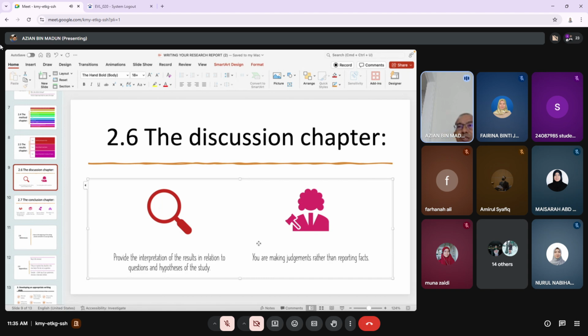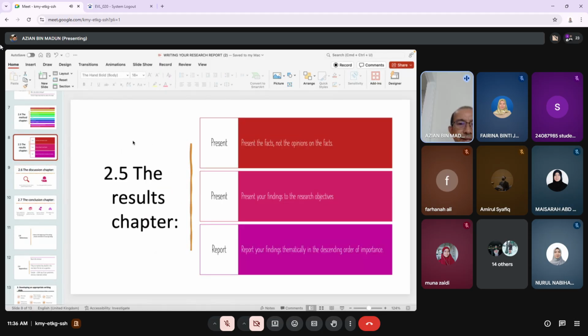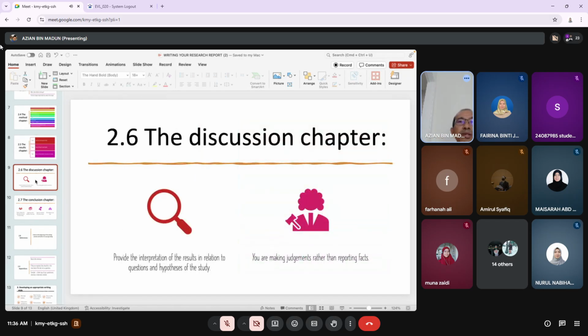You must explain why the results are the same as the previous study, support it, give some idea why. So discussion is different from results, because results just tell the opinion of your respondents, but here you tell why the respondents gave that kind of answer, based on what theory.